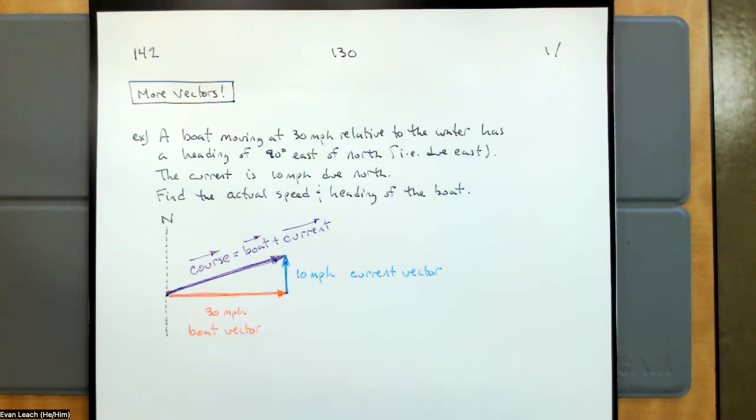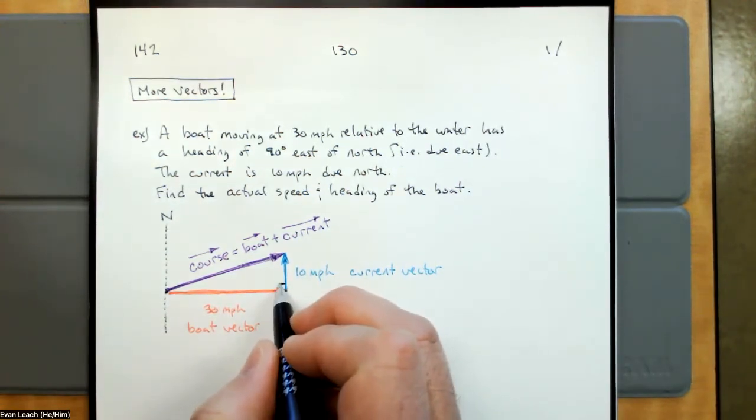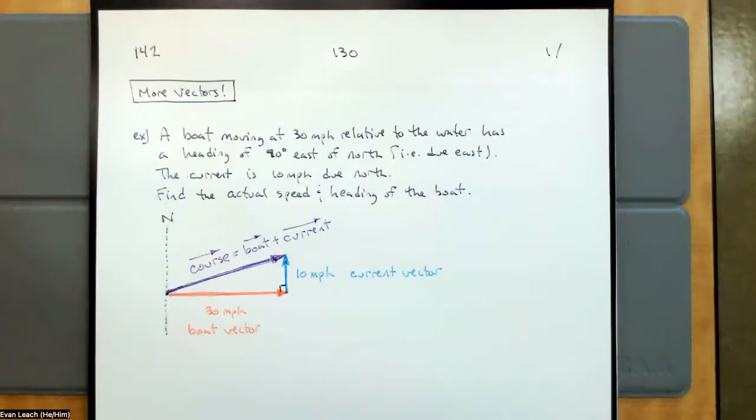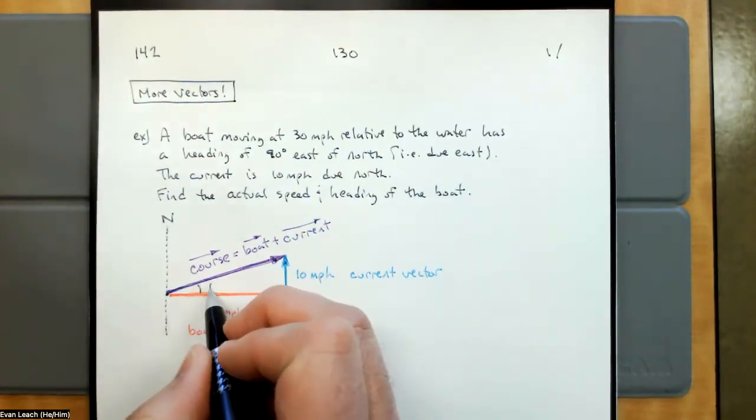So since the boat thinks it's traveling due east and the current is traveling due north, the two vectors make a right triangle, and we just need to use our skills in solving triangles to solve the triangle. So we make a right triangle here. We've got to put an angle in this somewhere. So I'm going to put my theta down here.